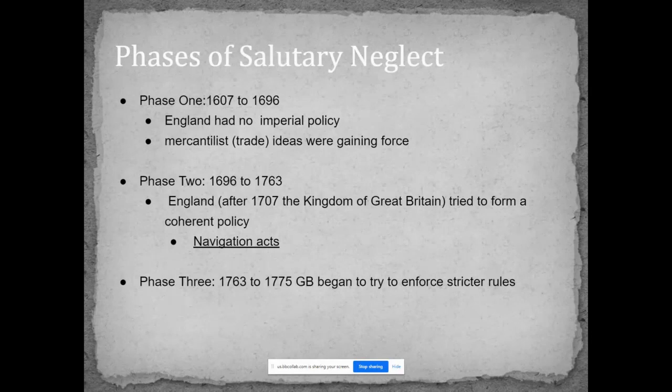So just to recap, from 1607 to 1763, Salutary Neglect is basically Great Britain unintentionally ignoring its colonies as far as governing is concerned.